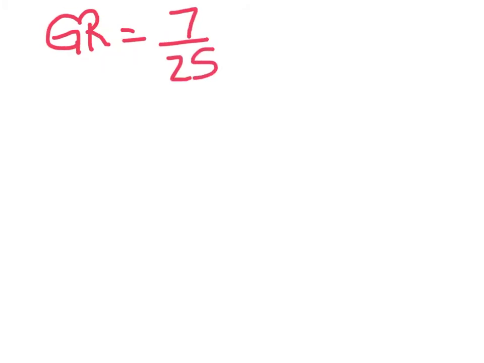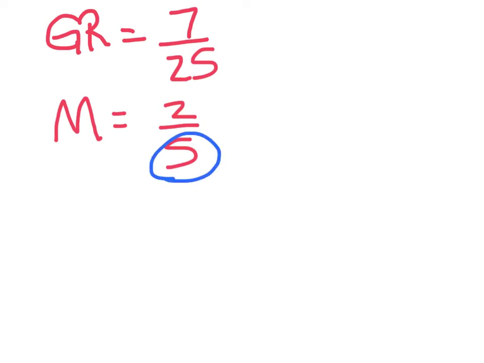Okay, I'm going to use the abbreviation GR for golden retriever, and that fraction was 7/25. And then mixed we're going to use for M, and that fraction was 2/5. First thing we need to do is factor into primes. We know that 5 is already prime.